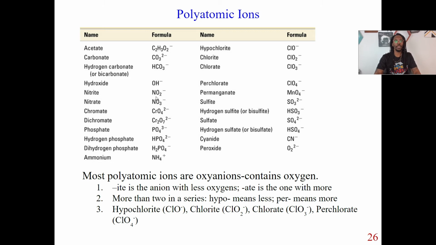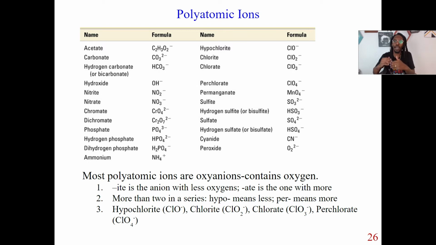Now let's look at one other rule, because we have what we call a series of these. You can have an ion, and that ion can have a lot of oxygens or not a lot of oxygens. That's the main difference between these polyatomic ions.